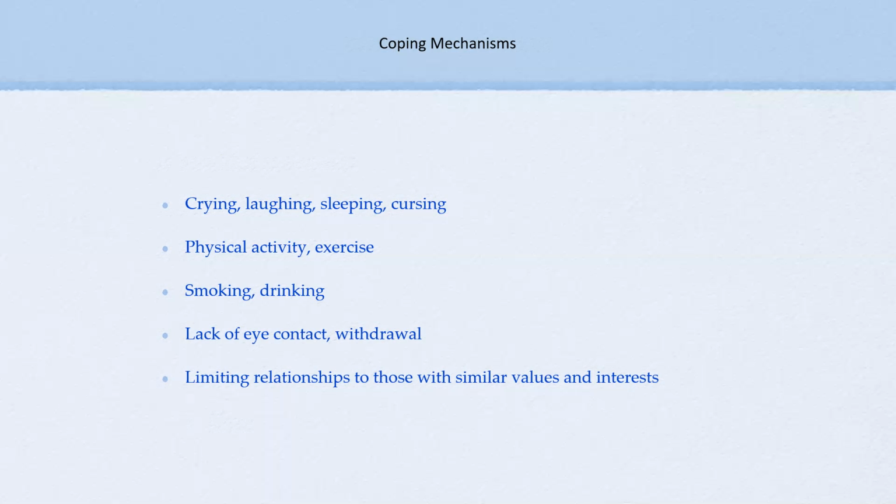Maybe they increase their physical activity and exercise because they know that's helpful in releasing those endorphins. Maybe they smoke or they drink, and when they use those as coping mechanisms, we need to think about different alternatives to make sure they're still living a really healthy lifestyle. Sometimes we have lack of eye contact, withdrawal, limited relationships.